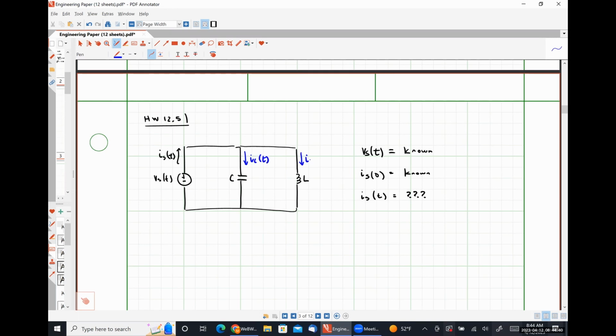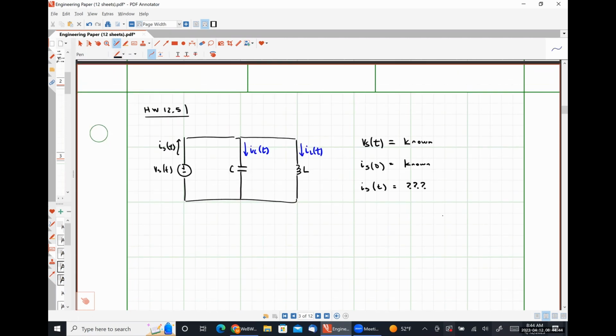This is my inductor current, direction down, so that I can say Is of t is equal to IC plus IL. Anybody have any problem with that? Just good old Kirchhoff's current law from the second day of class, but now we have time varying things.